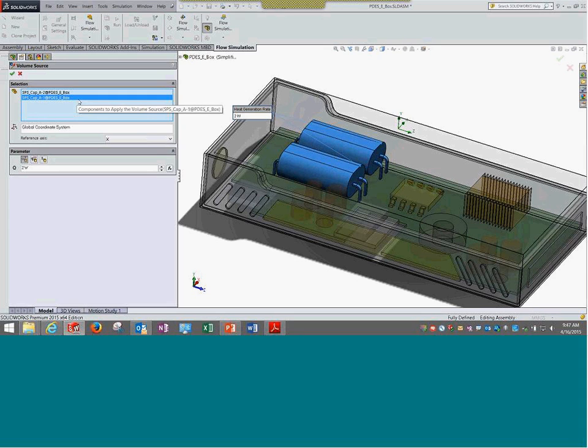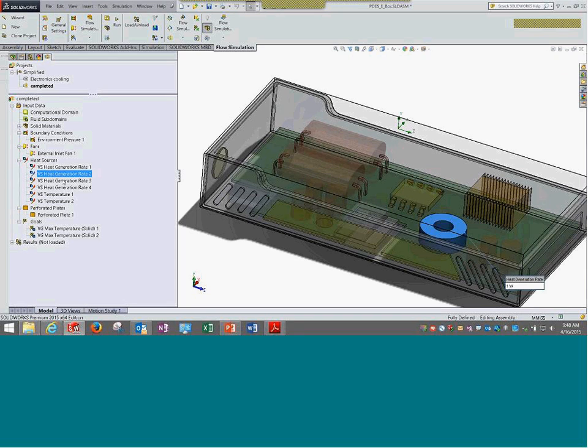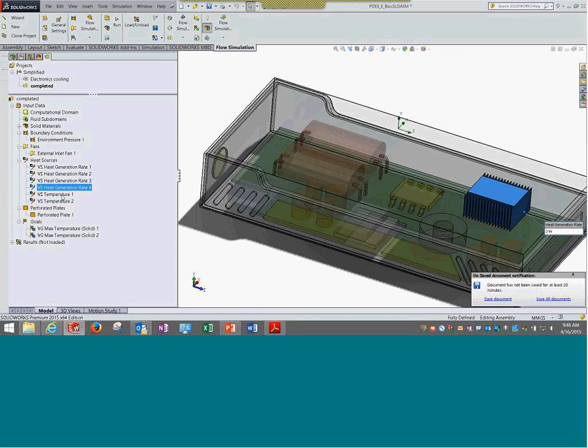Typically, the heat generation rate will be at body level and set on the solid geometry. And a heat generation rate value can be given. It can also be a volumetric heat generation rate, or temperature can be maintained. Appropriately, all the different components which are generating heat have different heat generation rates.